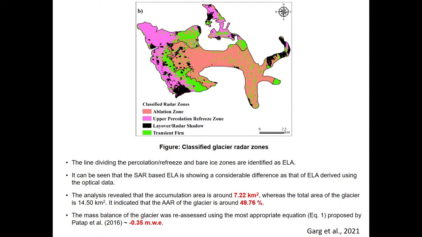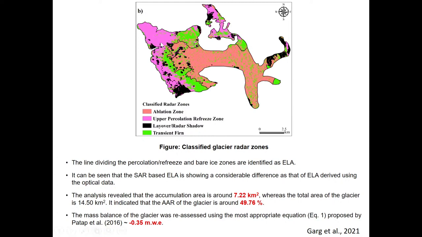During this time, as there is a monsoon season, you may not get cloud-free data. So in the absence of cloud-free optical data, the SAR approach may be very useful to delineate the accumulation area and the ablation area.